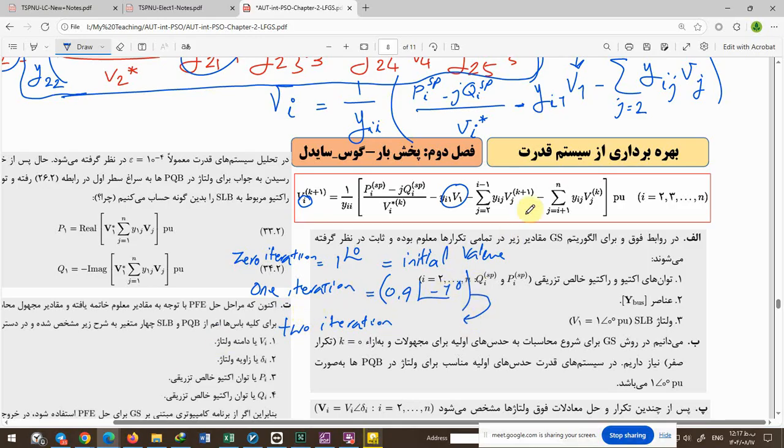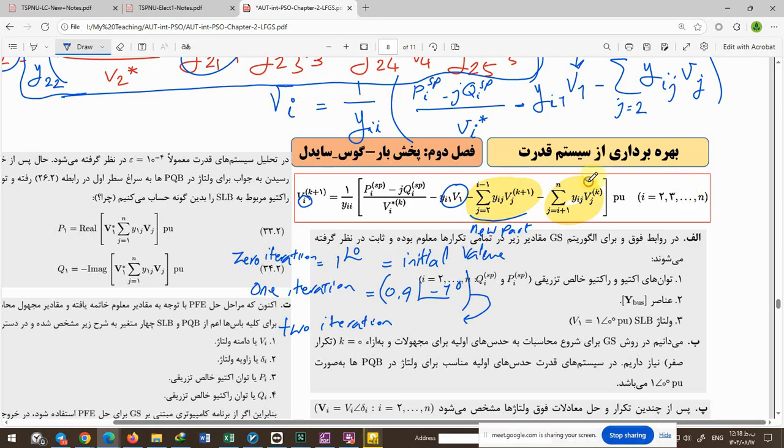For this reason, we extract this part from this part. This part is the new part, which has the new amount of voltage we just calculated in the last iteration.